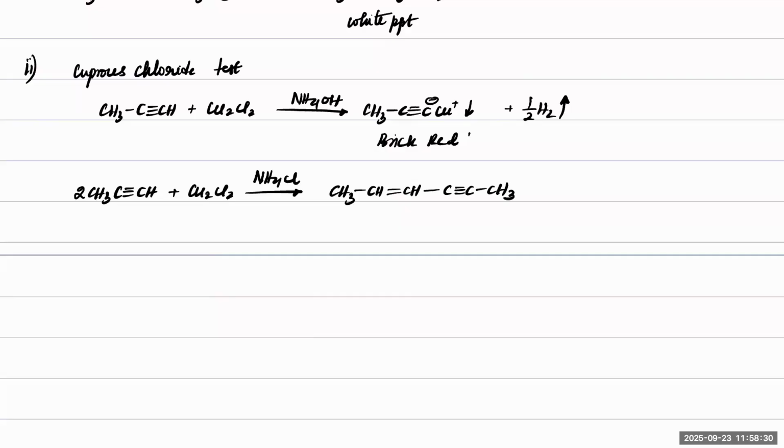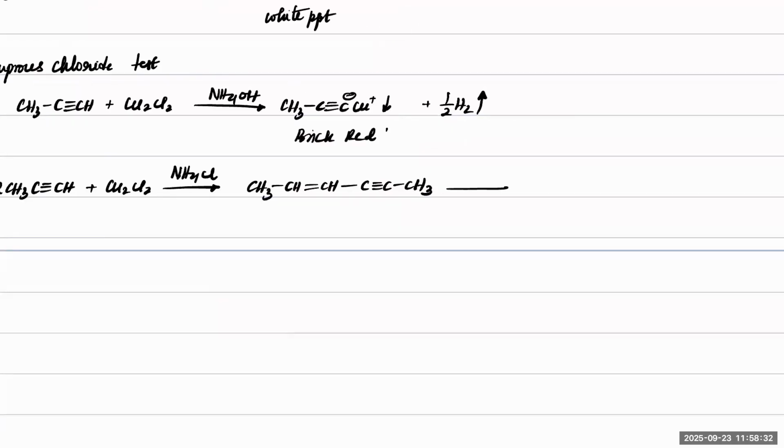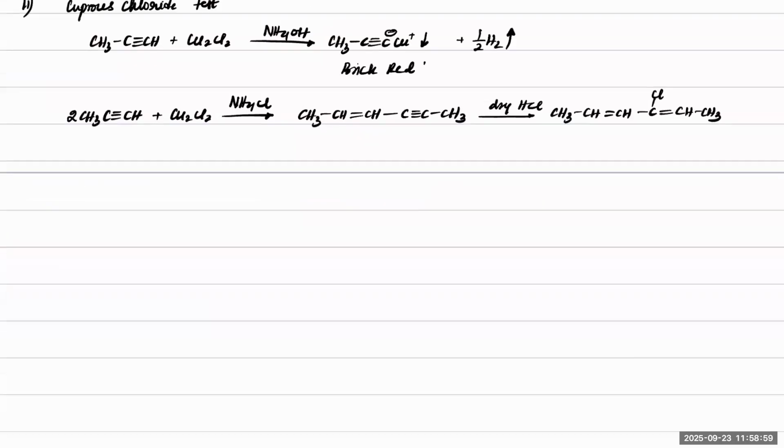If you follow this through with dry HCl, it will become CH3 CH double bond CH with CCl double bond CH and CH3. This is how the addition will take place.